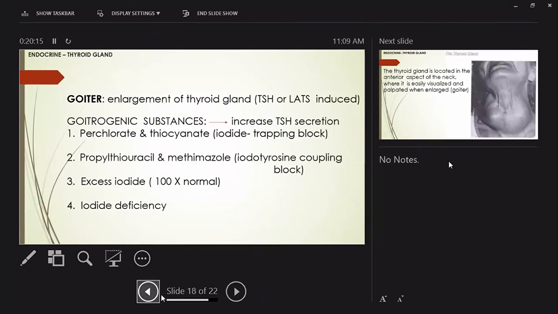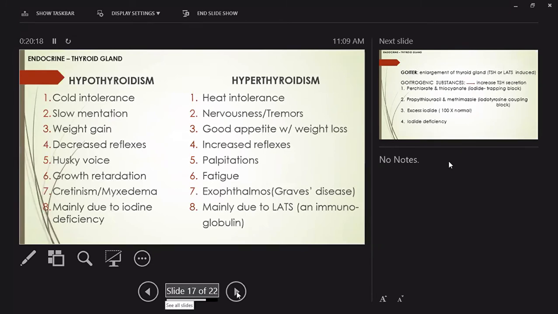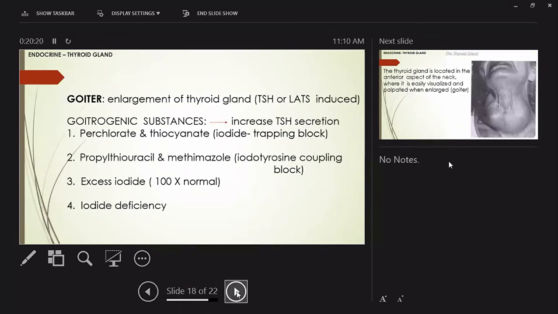The condition when the thyroid is enlarged is called goiter. This is where TSH, or long-acting thyroid stimulator, is present. Goitrogenic substances increase TSH secretion.